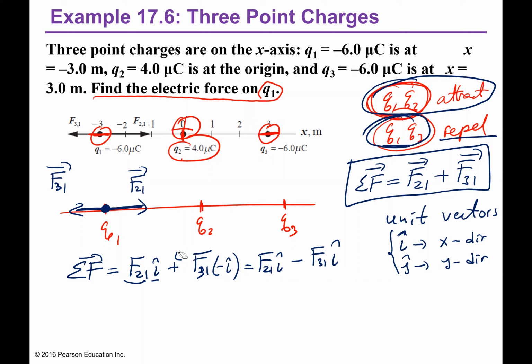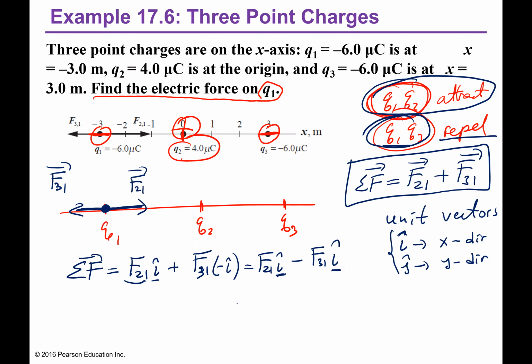I'm adding two vectors, and even though I'm subtracting, because both of them are I hat, which means both are horizontal vectors, I can algebraically add them together. Remember your vectors: you can algebraically add two vectors together if they are on the same axis. That's what I was verifying.